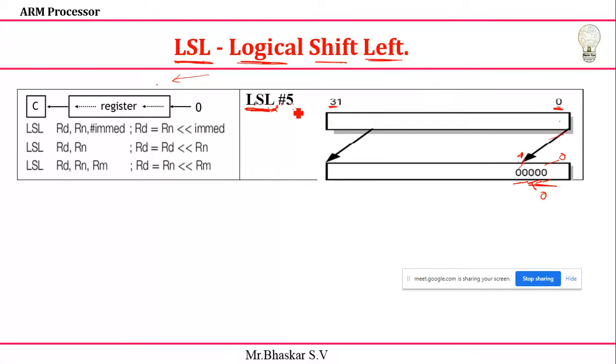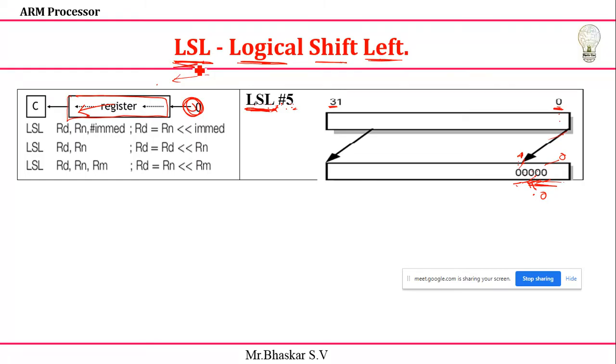For example, if you shift by 6, 6 zeros will be filled; by 7, 7 zeros will be filled. Clear? Remember that the 0th value will come to the 4th bit, and the left side will be filled with the value 0. So it is left shift, the left side it is moving. This is my register. Once data is shifting left side, the zeros will be filled.